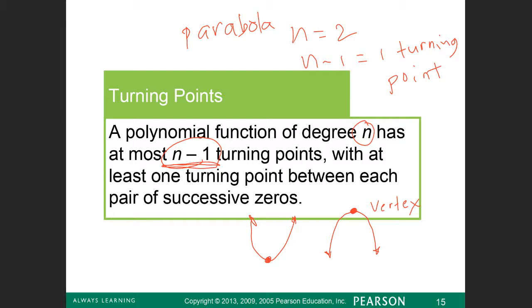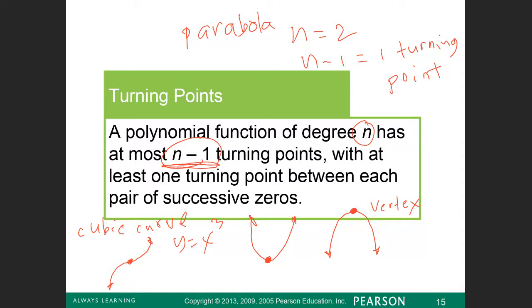So if you have a power of 3, that's a cubic curve. So the cubic curve is here. It's like an inverted S, something like that for a cubic curve. Now, as you can see, the turning point is over here. So let's say y is equal to x to the power of 3.